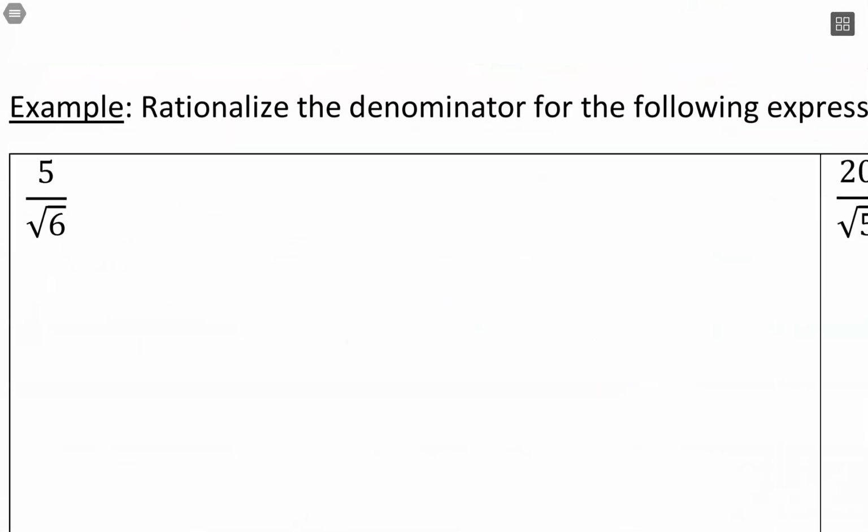Alright, let's get some practice with these. So 5 times the square root of 6. So I'm going to multiply this by a unit fraction, and we're going to have square root of 6, square root of 6. Again, it's all about what's in the denominator. So in the numerator, that'll be 5 times the square root of 6 over, and then I'm going to keep doing this step.